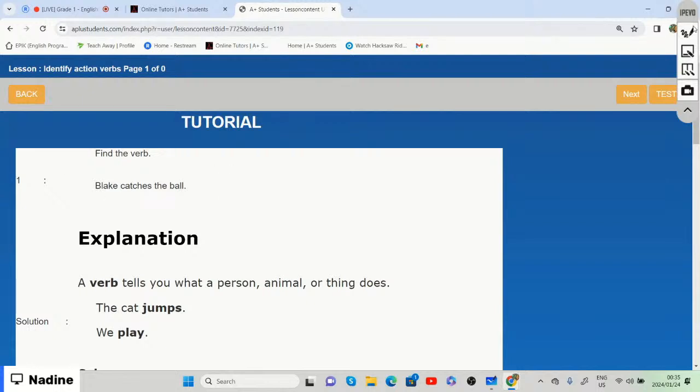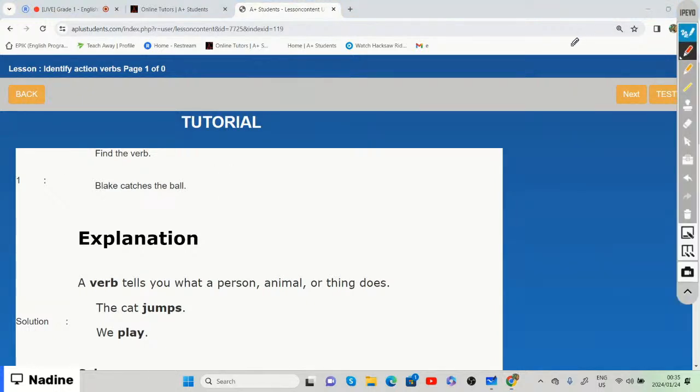Blake catches the ball. So if we identify the verb, we're going to say catches is our verb.